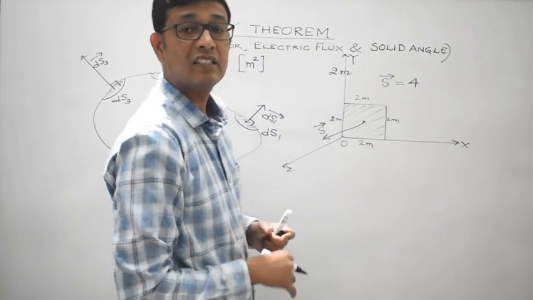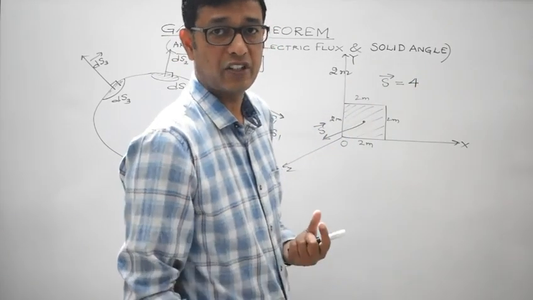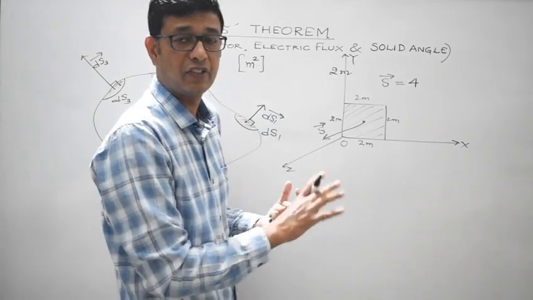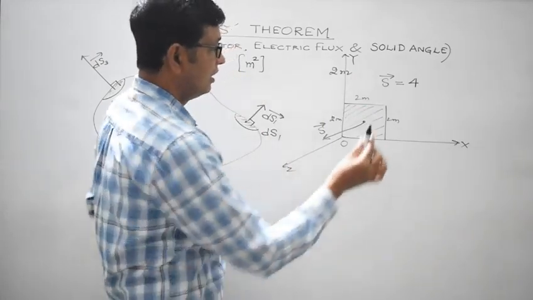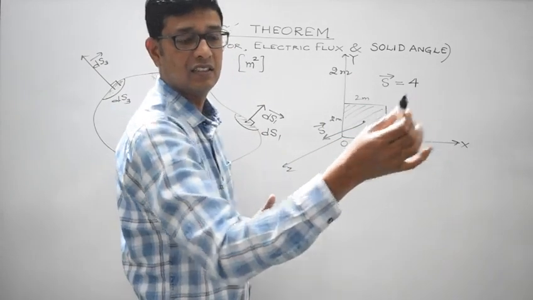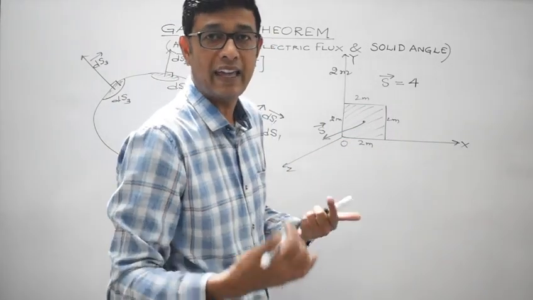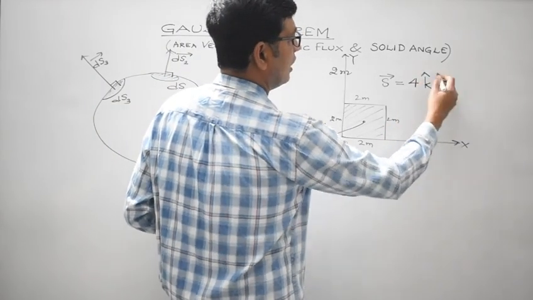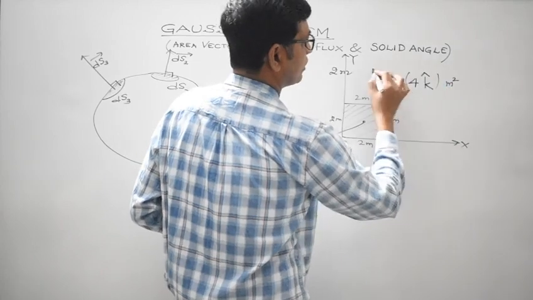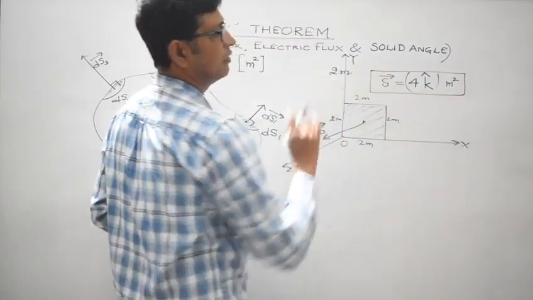And then its direction, don't forget to mention its direction. As I told you, area vector of a given surface is perpendicular to the surface and in the outward direction. Here the area vector is along the Z axis. Z axis is represented by k cap. This is the unit vector which represents positive Z direction. And unit is obviously meter square. So this is the area vector.